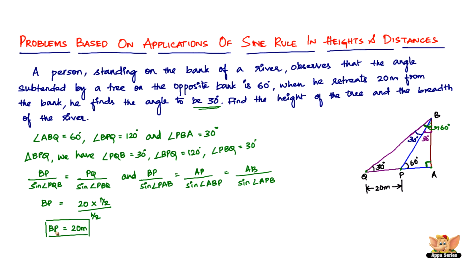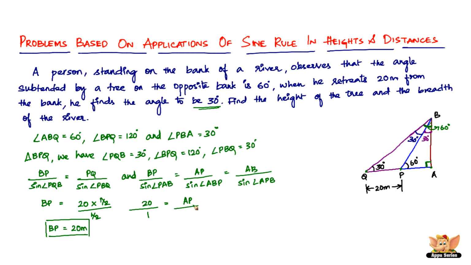So now we can use the value of BP and substitute in these two things to find the value of AP, which is going to give us the breadth of the river, right? So let's substitute BP here. We have 20 divided by sine of angle PAB. Sine of angle PAB is 90 degrees. Sine of 90 degrees is 1. It equals AP, which is what we have to find.